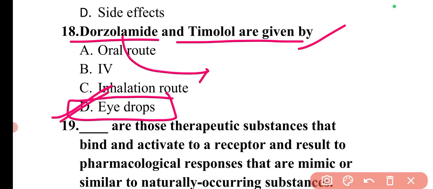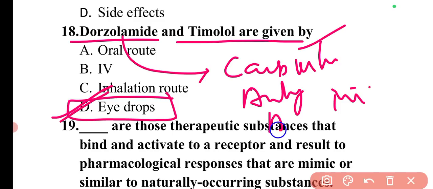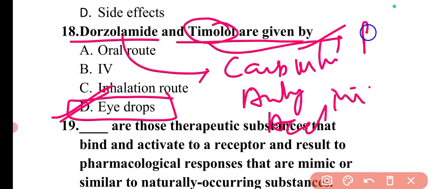Now what is dorzolamide? It is a carbonic anhydrase inhibitor, basically like acetazolamide, and timolol is a non-selective beta 1 and beta 2 blocker.